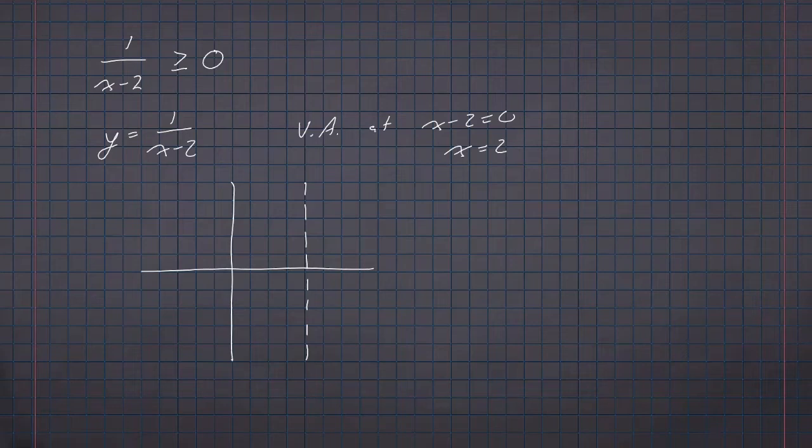I can evaluate this when x is 0. That's negative 1/2. So 0, negative 1/2 is a point. And I can sketch out the graph y equals 1 over x minus 2 to see it looks something like this.